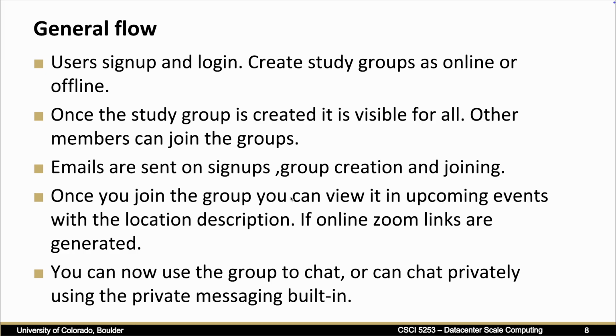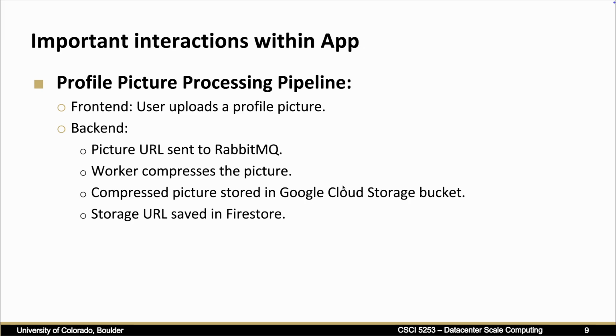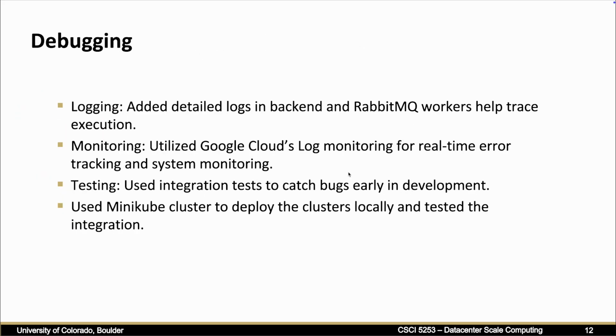The general workflow: a user signs up, creates a group, and then people join the group and coordinate between themselves. Some of the important interactions we'll be going through in our demo. For debugging, we have added detailed logs in the backend, and RabbitMQ also helps us trace the execution.